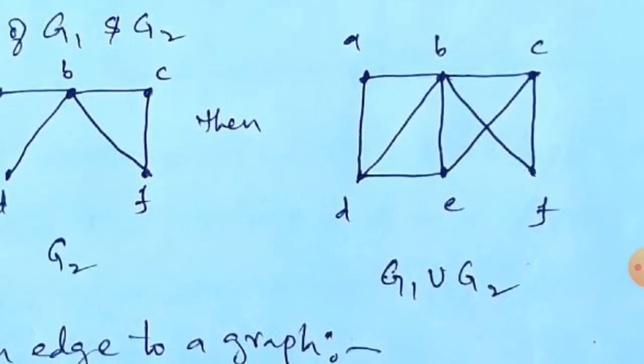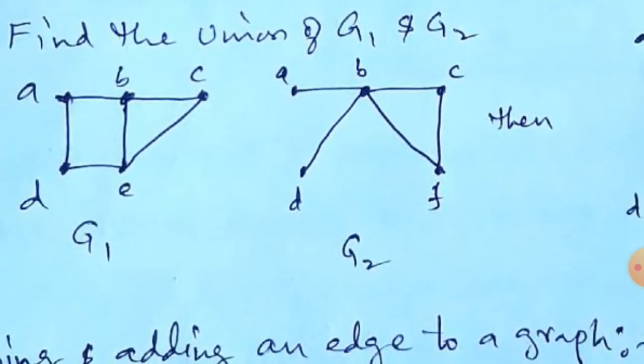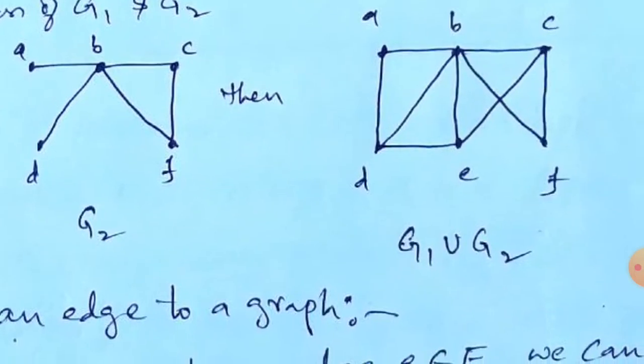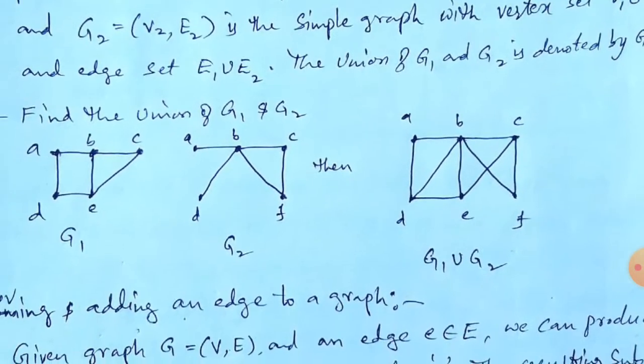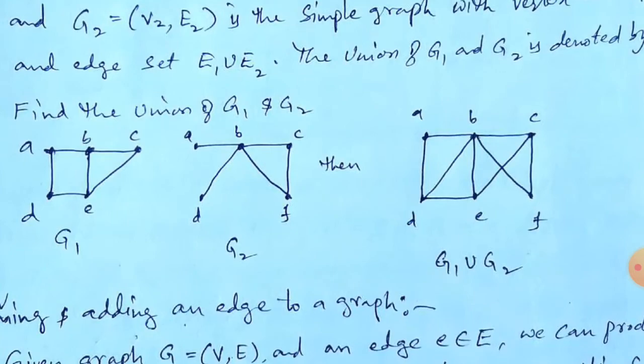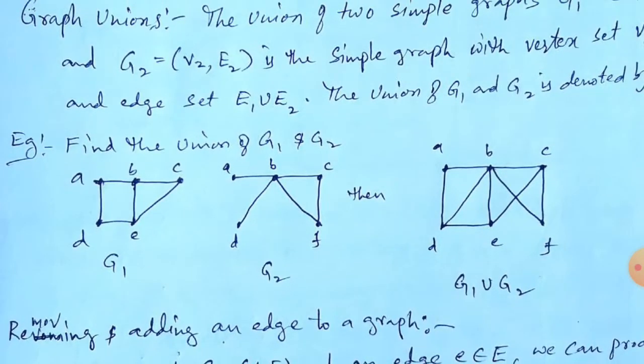All the vertices in G1 and G2 are taken here, and all the edges in G1 and G2 are in G1 union G2. Here A, B, C, D, E, and F are the vertices in G1 union G2, and all the edges in G1 and also G2 are included. That is called G1 union G2.